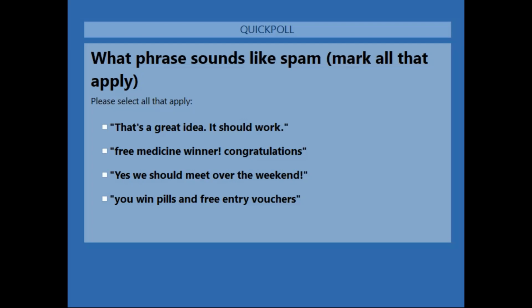So now this poll is going to launch 4 phrases that you'll see there on the screen. And what I want you to do is click the one or multiple ones that to you look like spam, so that you understand what the goal is of this task. So you see what we're trying to achieve.